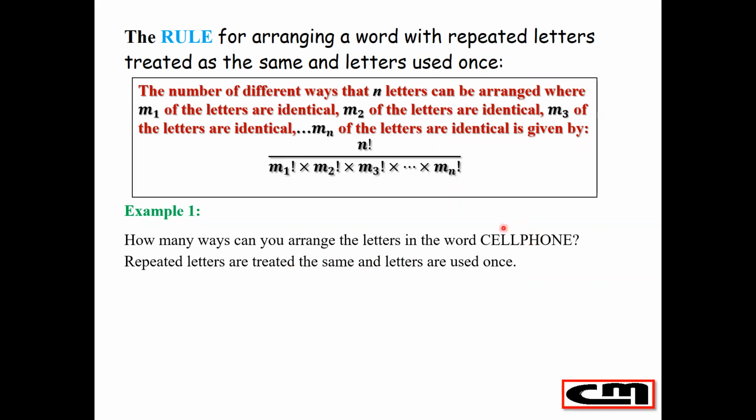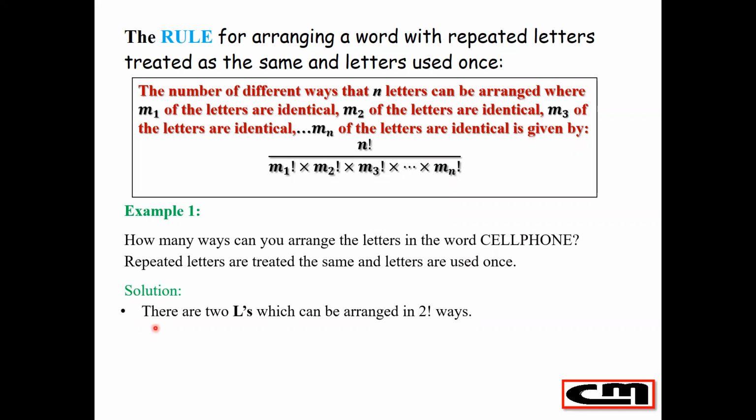It means we have to consider the L's that are repeating and the E's that are repeating, and the formula we are supposed to apply is this one, because that's the rule for arranging letters of a word with repeated letters. So in the solution, we first identify the number of letters that are repeated.